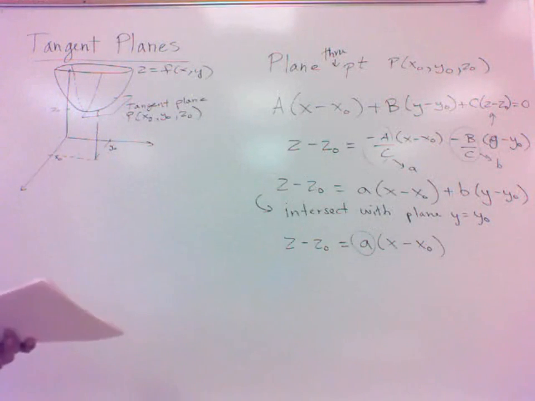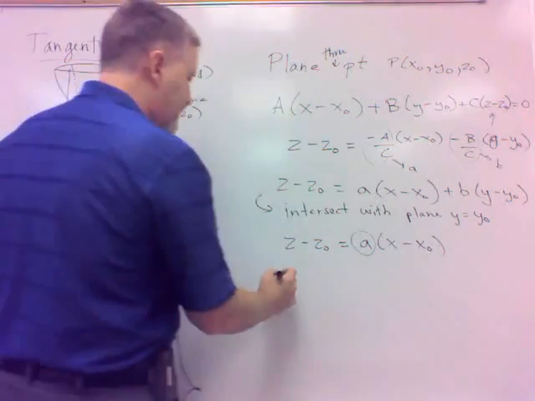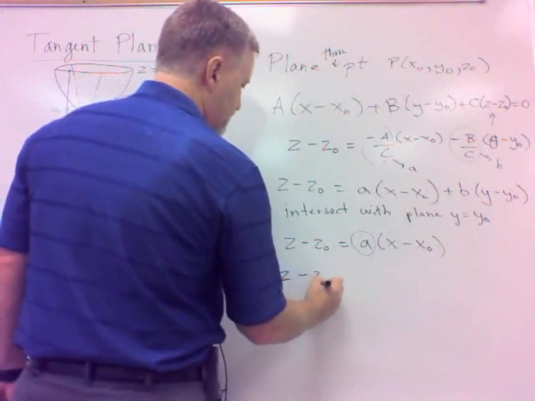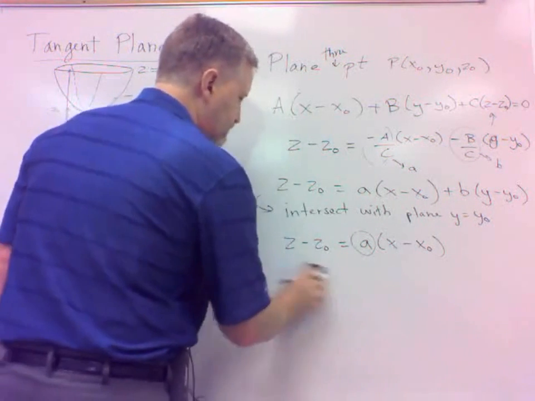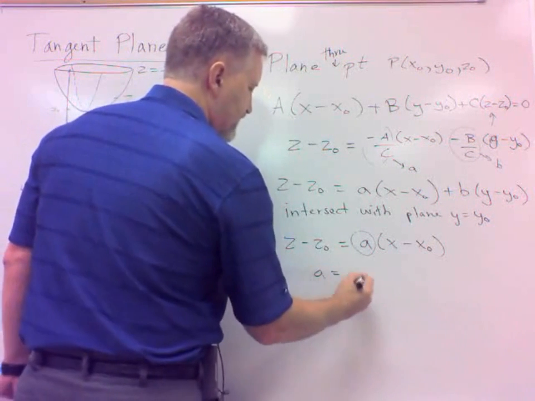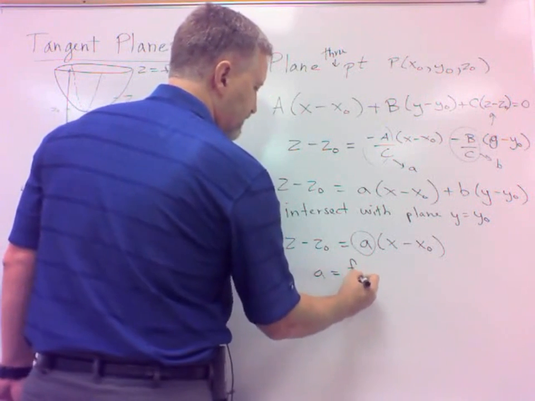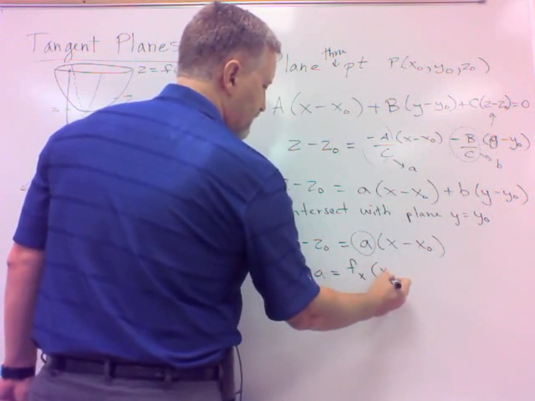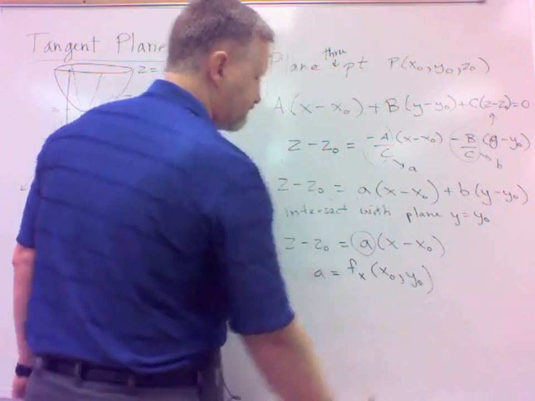So hence the slope of the tangent line, which, like we said in the previous work, is going to be the partial derivative. So a is our partial derivative. Since it's the slope, a is going to be the partial derivative with respect to x at x0, y0, right?